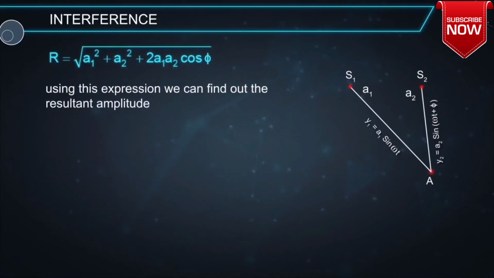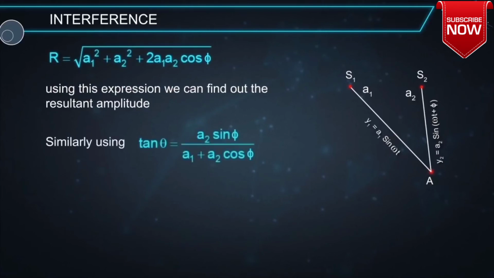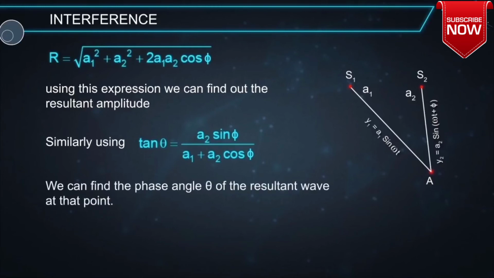Now, using this expression, we can find out the resultant amplitude. Similarly, using the formula tan theta equals a2 sin phi divided by (a1 plus a2 cos phi), we can find out the phase angle theta of the resultant wave at that point.